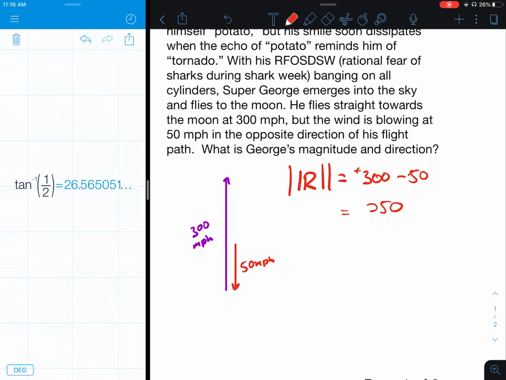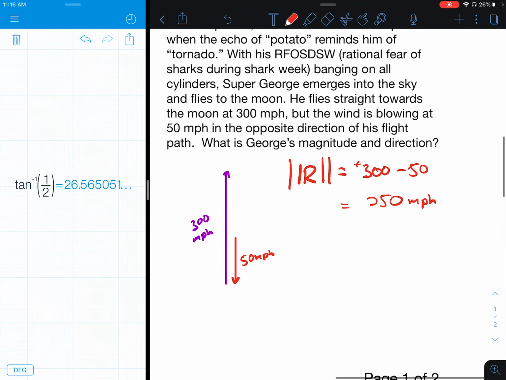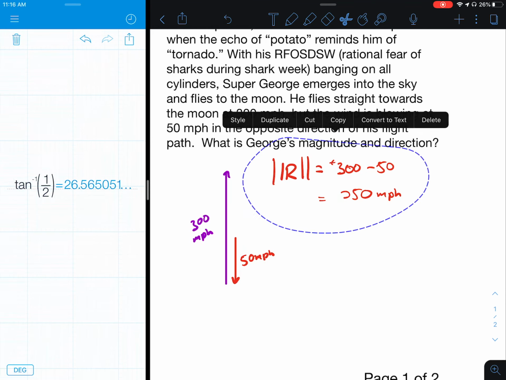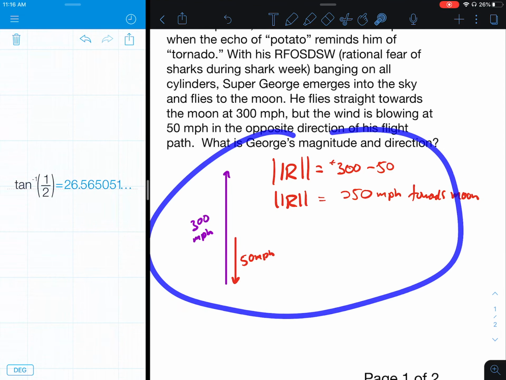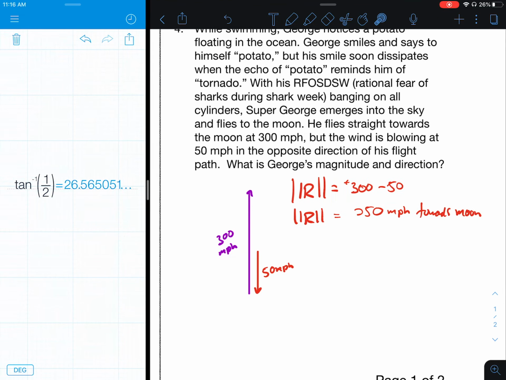That's 250 miles per hour. And this direction would be towards the moon. If we had gotten a negative number for this, we would say away from the moon. That's all you got to do for this last one because there's no triangle that can be made for that.